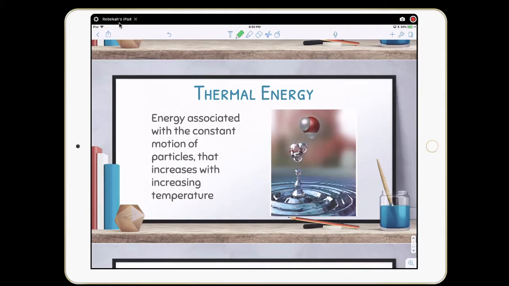So this constant motion, this restlessness of particles, is its thermal energy. And that increases the temperature, but thermal energy and temperature, heat, are not the same. Thermal energy is this constant motion of particles that creates this kinetic energy, so it's related to the kinetic energy.